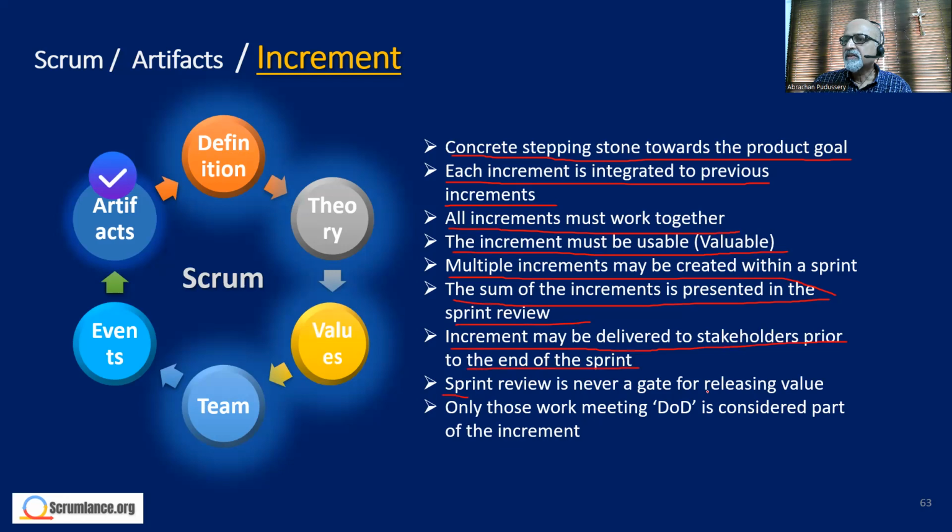The sprint review is never a gate for releasing value. Only work meeting the definition of done is considered part of the sprint. Only work meeting the definition of done is considered part of the increment.